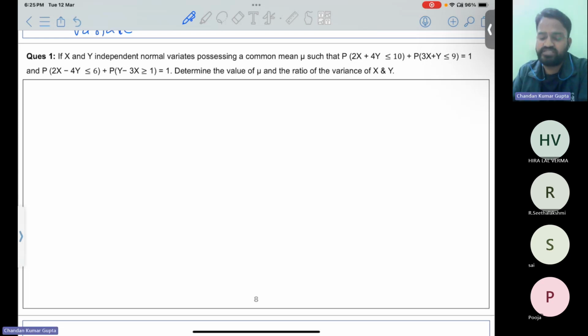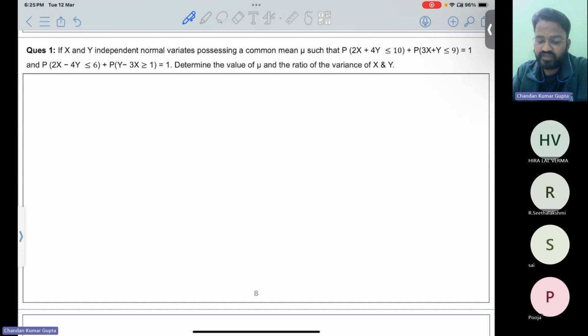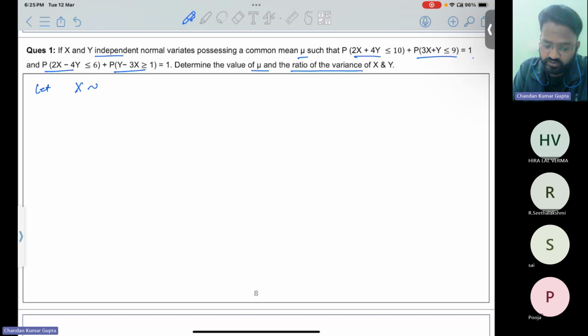Question number 1: if X and Y are independent normal variates possessing a common mean mu, and the probability of this plus this equals 1 and this plus this equals 1, we need to calculate mu and the ratio of the variances of X and Y. First, let X follow a normal distribution with mean mu and variance sigma 1 square, because the common mean is mu but the variance is not given, so we have considered sigma 1 square.